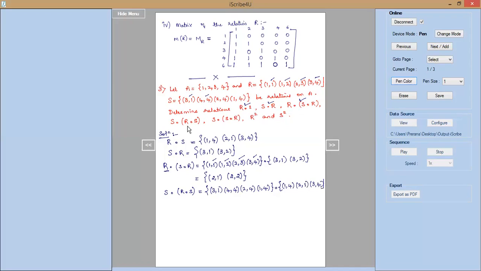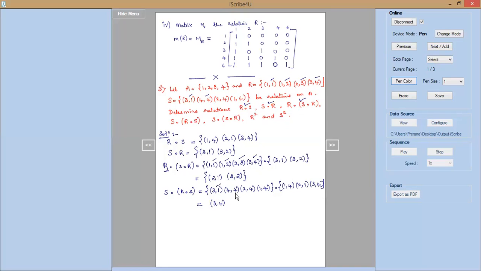So this is equal to, now we will select all those elements. We'll do one by one. (3,1). This is ending with 1. This is (1,4). So (3,1),(1,4) gives us (3,4). (3,1) work is over because there is no other element starting with 1.